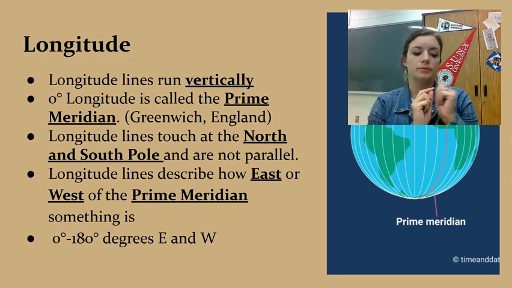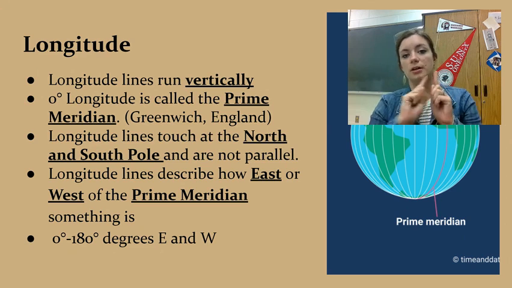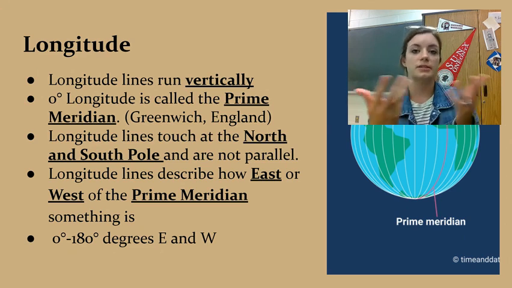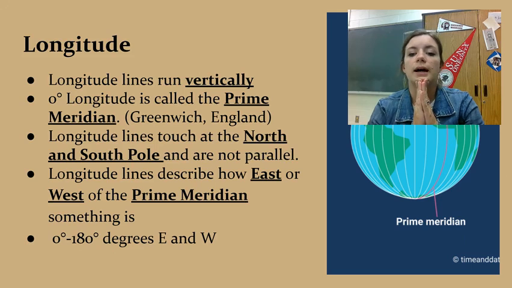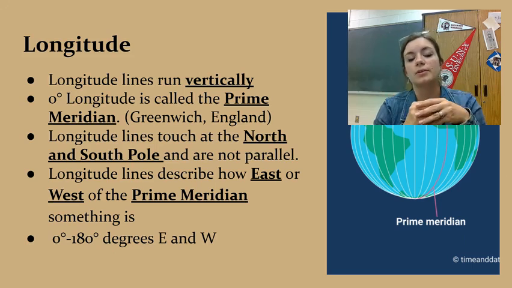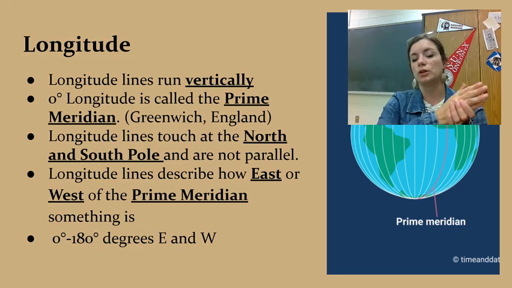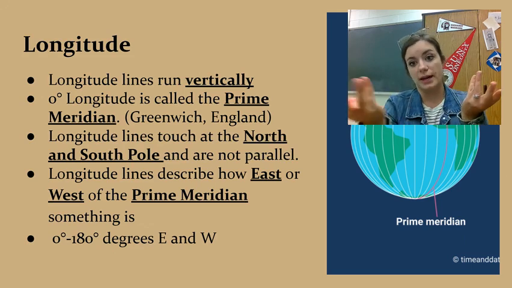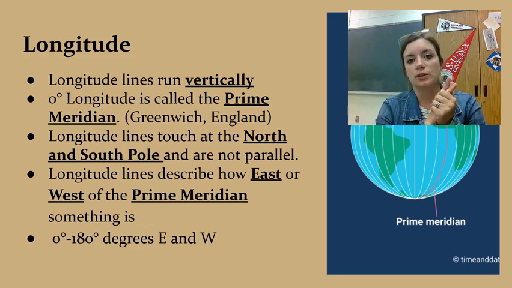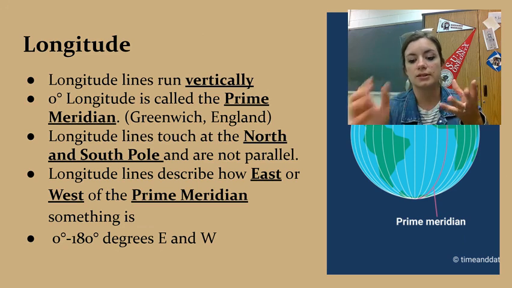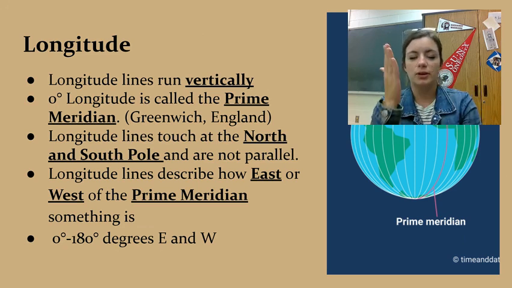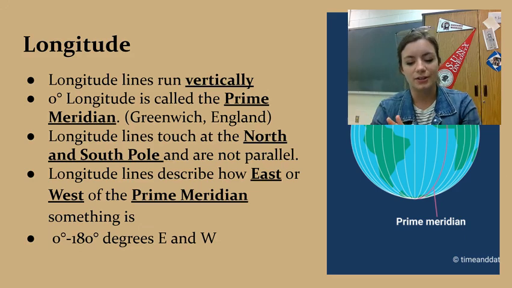If you are west of the prime meridian, you can be all the way up to 180 degrees again. So these numbers are much bigger, and the reason why, again, is because you can split your world in half anywhere when we do it at the prime meridian, and when you cut your world in half, you get 360 degrees. When you cut it in half, you get 180 degrees.